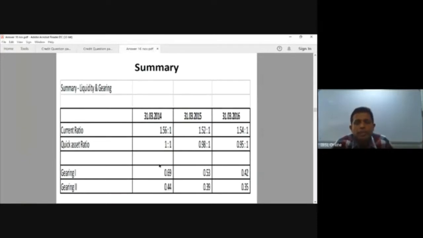Here, the company is maintaining those two ratios almost near norms, but there is some slight reduction in current ratio, not up to the 2:1 level. But if you go to the quick asset ratio, it is there. Therefore, we can say the company is good in liquidity. There is not much to worry about as far as liquidity is concerned. Company is in a good position.